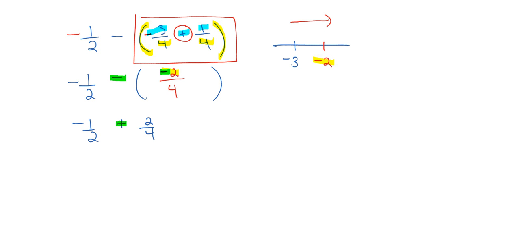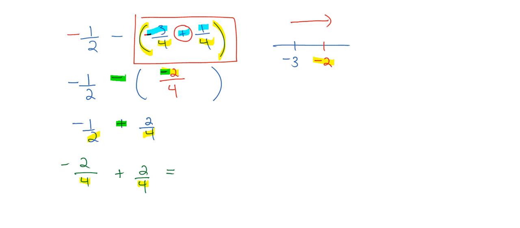And then for this problem, I would approach it by making the denominators the same. So that will stay the same, 2 over 4, and this would be 4 and negative 2. Okay, so now you see that my denominators are the same.